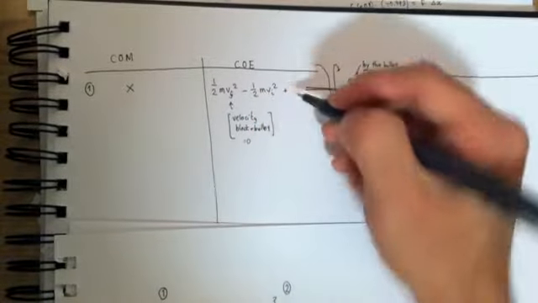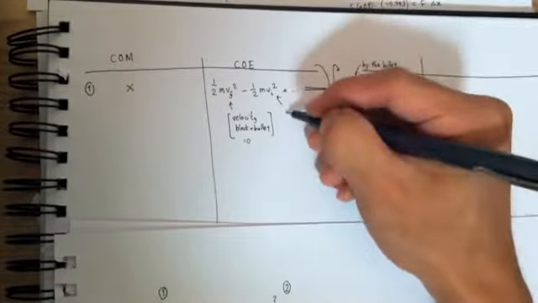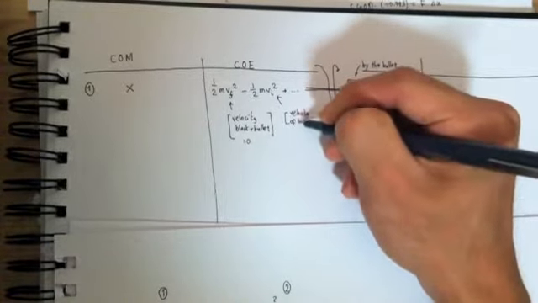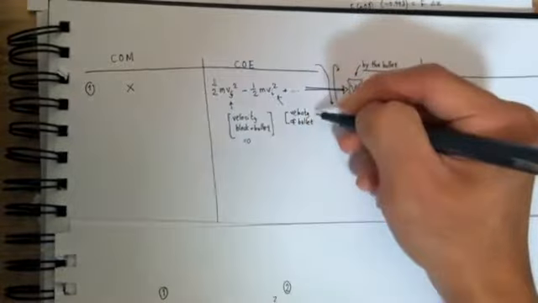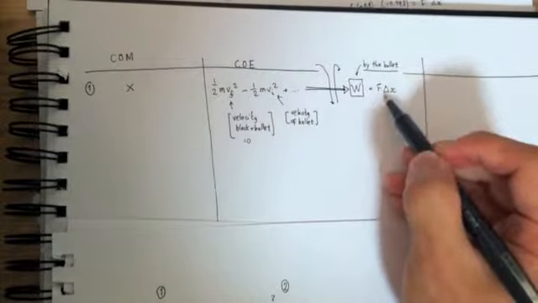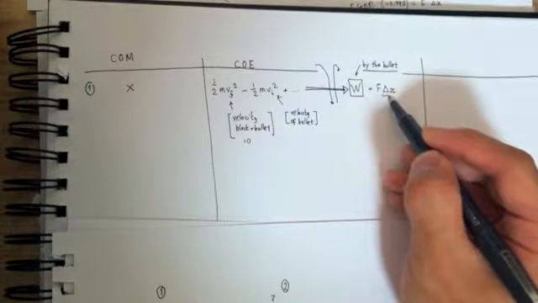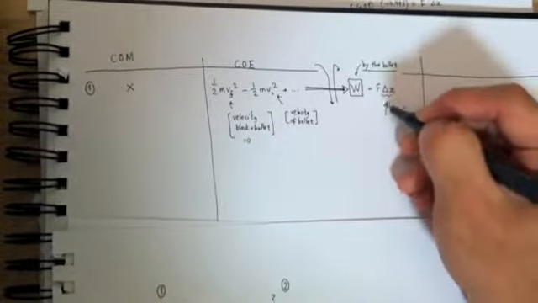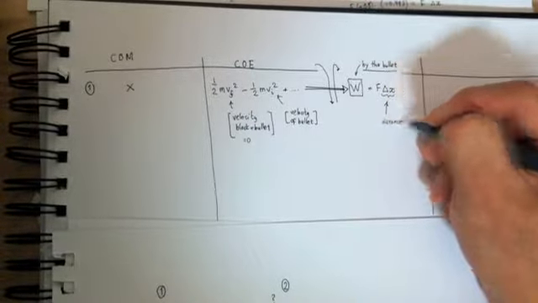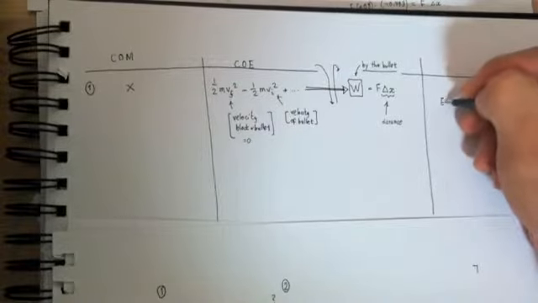What is V initial? V initial is the velocity of the bullet itself. We don't know anything about it. We do know the mass, and we know that the amount of work translated to it being embedded a certain distance. So that's going to be distance. So that's equation number 1.